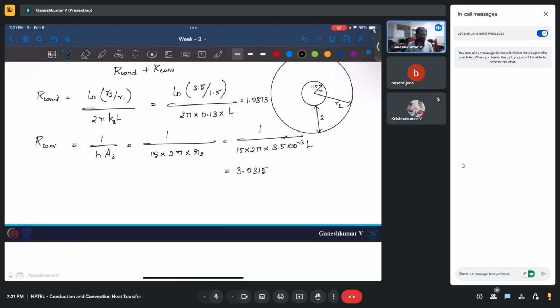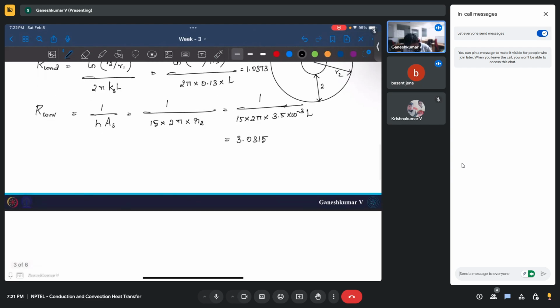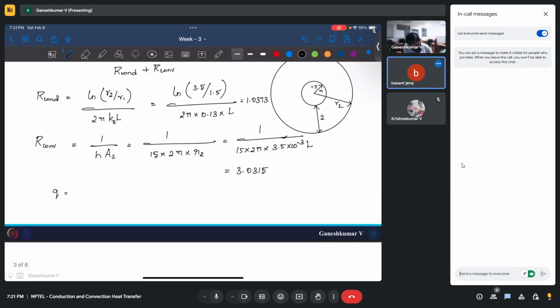Please check whether these are right or wrong. Okay, so then you can substitute them in the above equation. 3.033, is it? Okay, yeah.